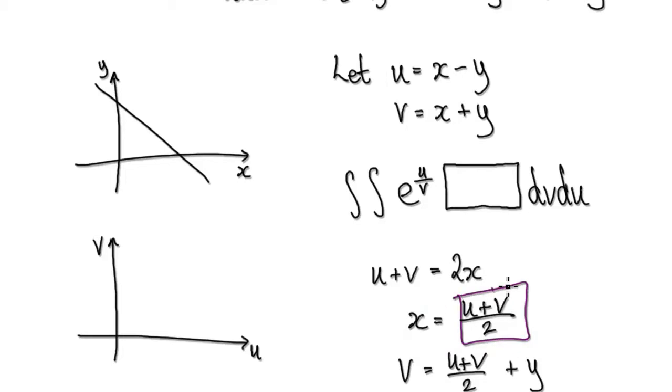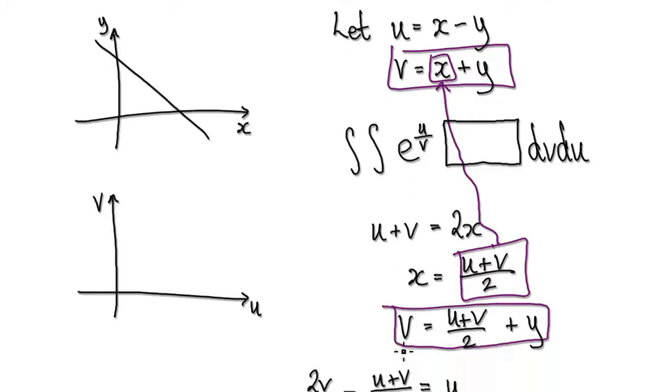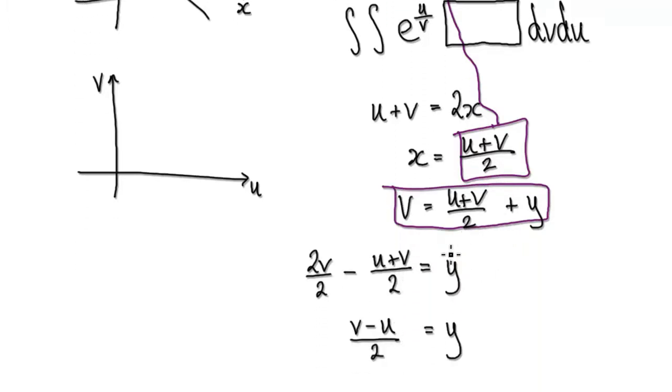And then looking at these two, let's put this back into here. Just eliminate x, or make x and y the subject. So we put this back into here, and now this thing here will become this. So now we can make y the subject. So y turns out to be this thing here.